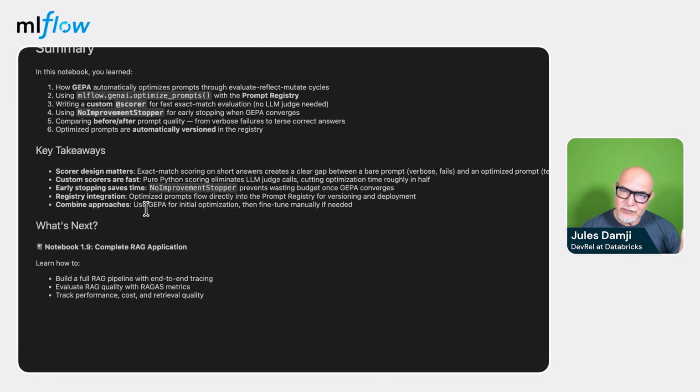But if you have something more nuanced, where you want the semantic equivalent, then you would have to use a built-in judge or some other judge that gives you the ability to say, yes, this answer is semantically very similar to what is expected. And we used the registry for versioning and the final version. And then we combined GEPA for the optimization, fine-tuning using all the parameters necessary.